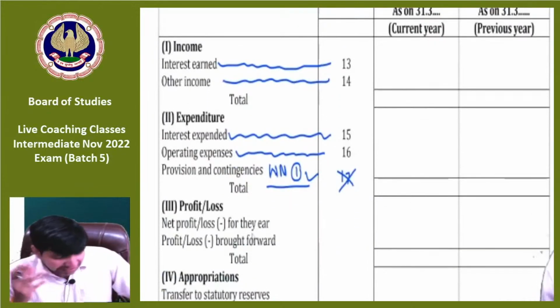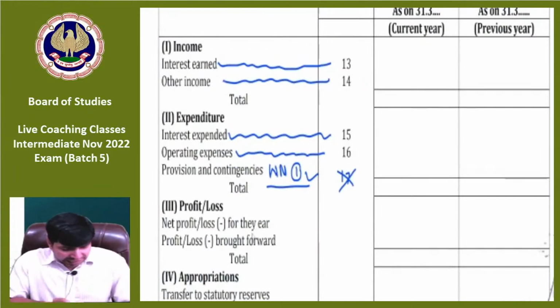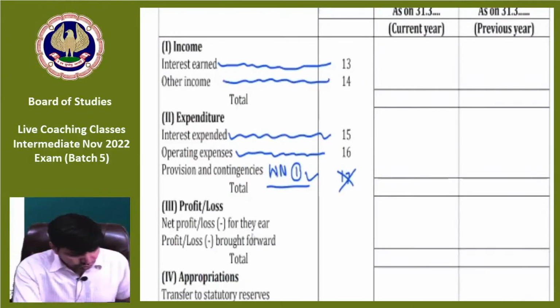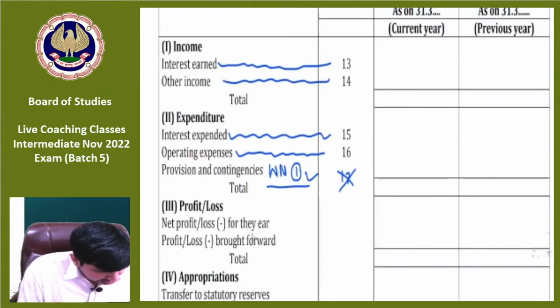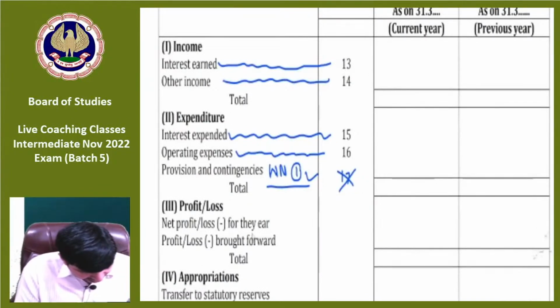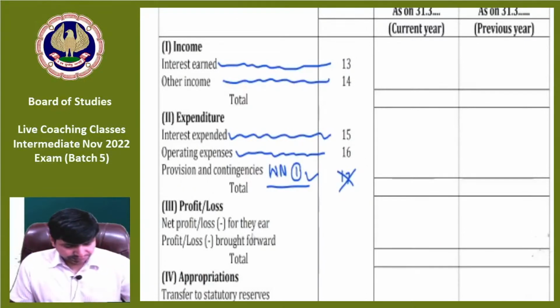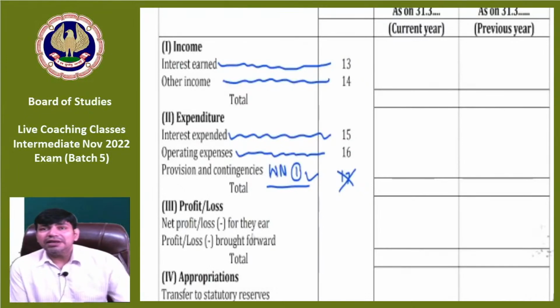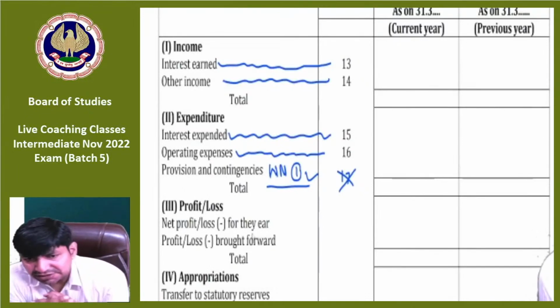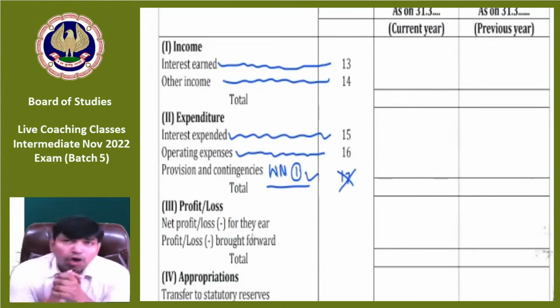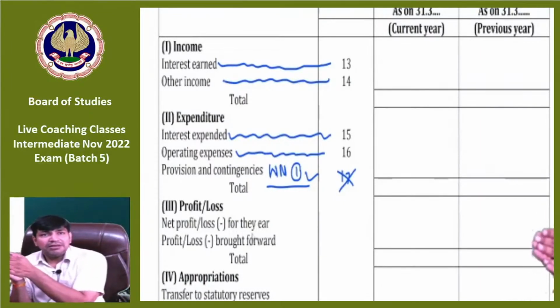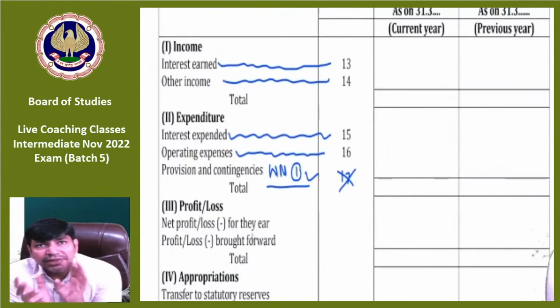Okay. Now, if I ask you a thing, tell me fast. I will ask you some questions, and I want an answer from all of you. Okay, beta. Tell me, where will interest income on deposit with RBI fall, in 13 or 14?